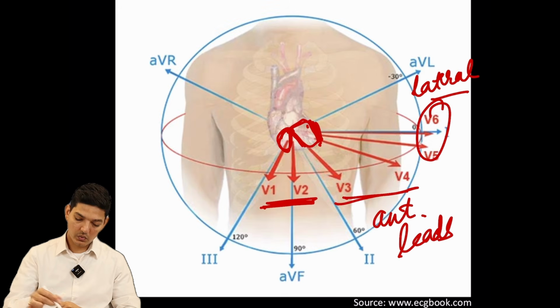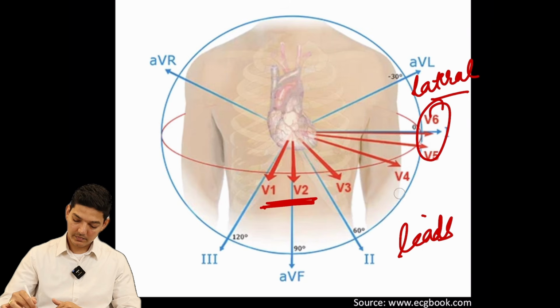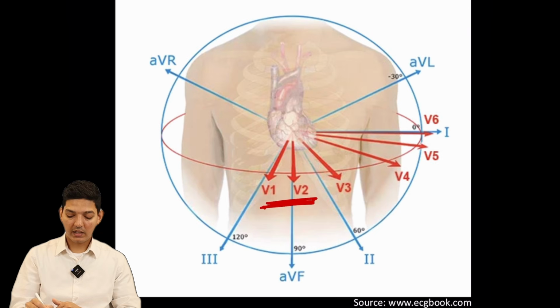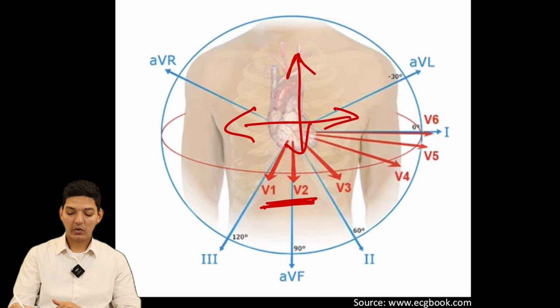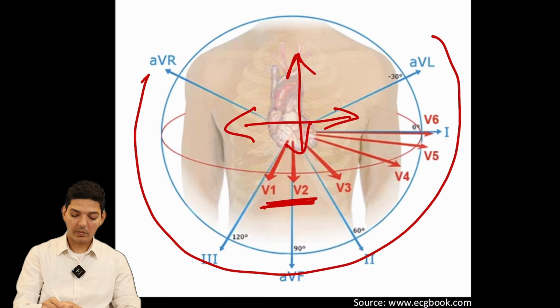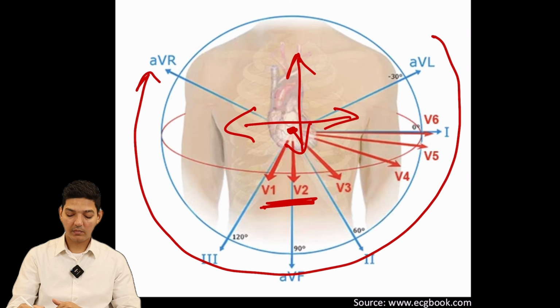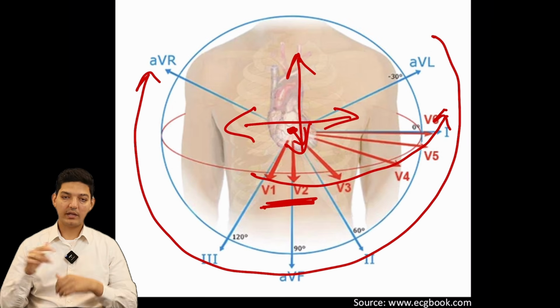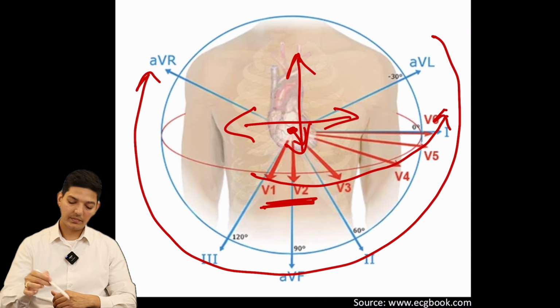All right, let's try to understand this again. Whenever there is electrical activity moving in any of these directions, either left to right or up to down, your limb leads will be able to record it. Whenever there is movement in the anterior-posterior direction, your precordial leads can record it. So the limb leads look at the EKG in the frontal plane, and the precordial leads look at the horizontal plane.